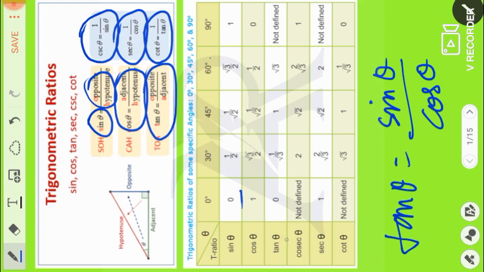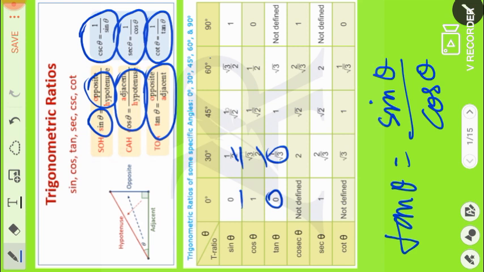That is, for tan 0, sin 0 by cos 0. Sin 0 is 0, cos 0 is 1. Therefore, 0 by 1 you will get 0. Similarly, tan 30 degree is sin 30 by cos 30. So, if you divide these two, you will get the value of tan 30. Here what will happen is 2 and 2 will get cancelled. You will be left with 1 by root 3. That is the value of tan 30.